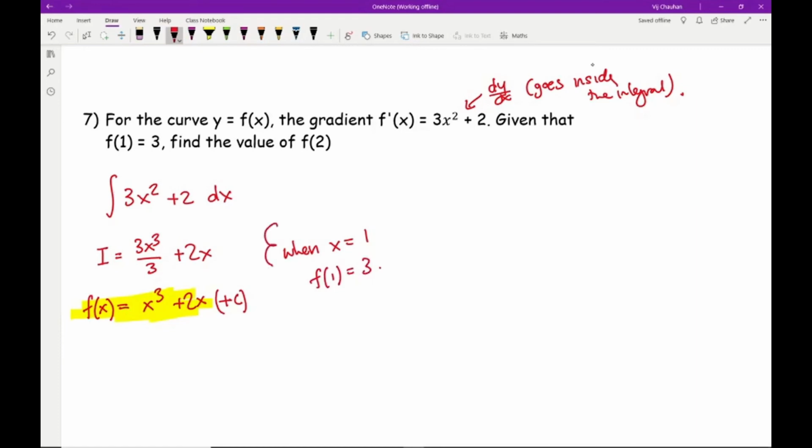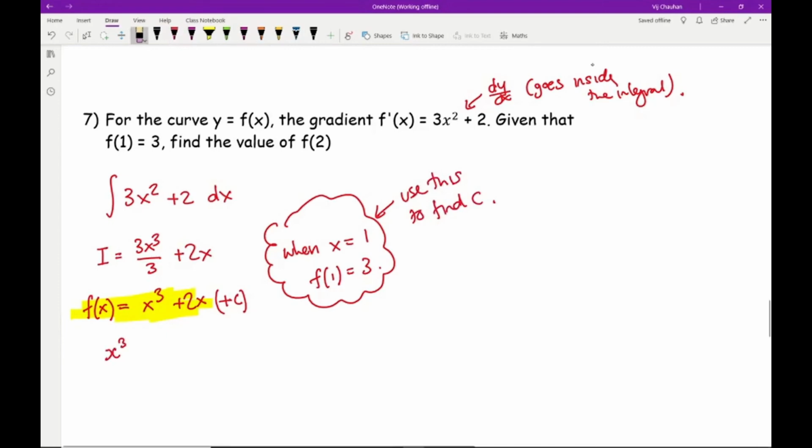Using this, we're going to find c. So I've got 1 cubed plus 2 of 1 plus c equals 3. So 1 plus 2 plus c equals 3, so c equals 0.